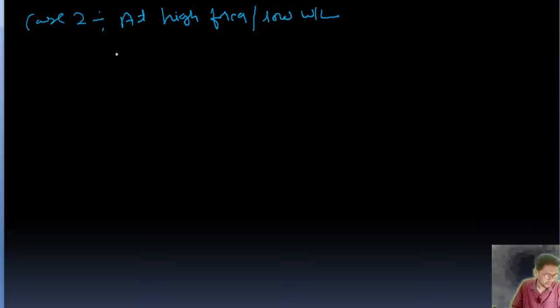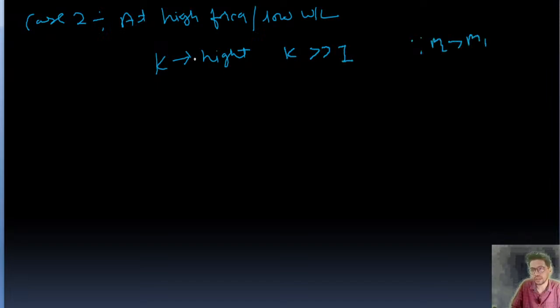In that case, high frequency means k is going to be high, because we know k is proportional to frequency nu. So k is greater than 1. Here we know that m2 is greater than m1, which I have already mentioned earlier.